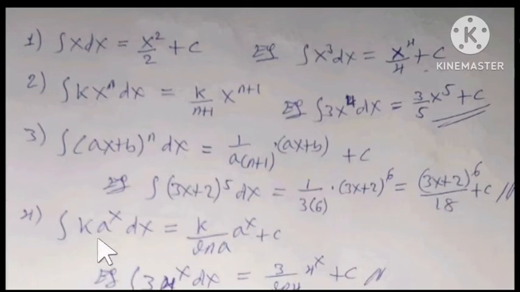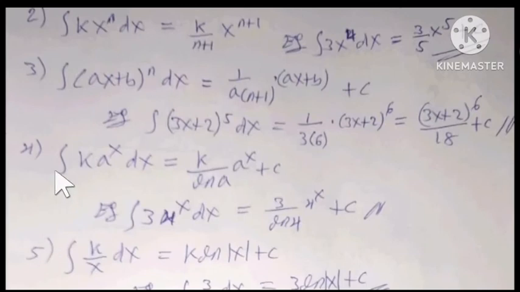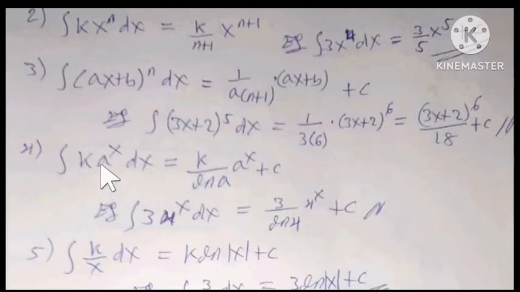plus c. The fourth property: the integral of k times a to the power of x dx. For this type of property, simply write k over ln of the base a, times the given power, a to the power of x, plus c.